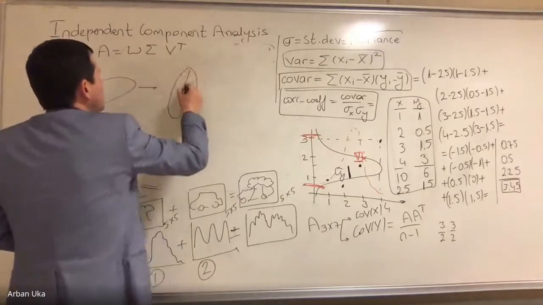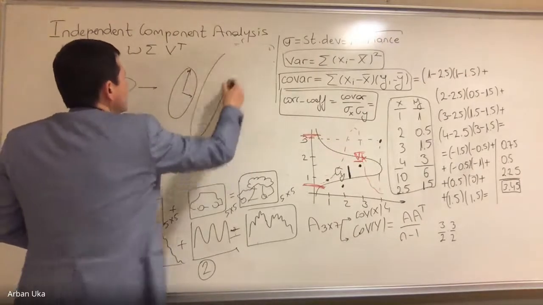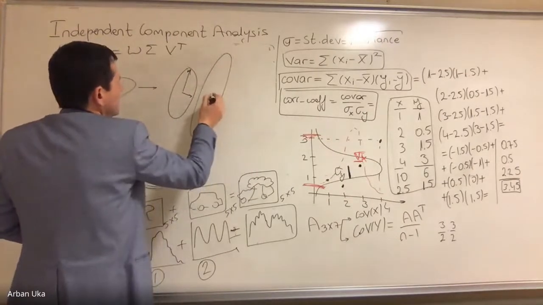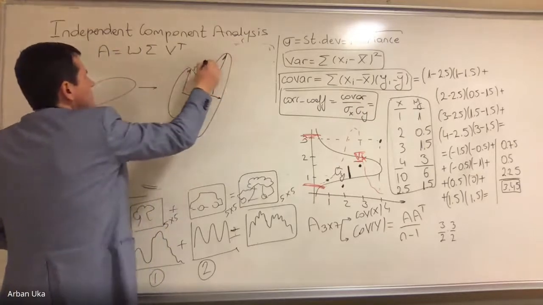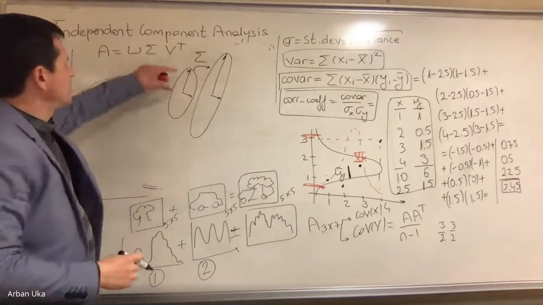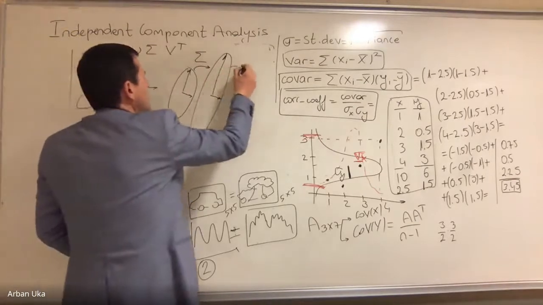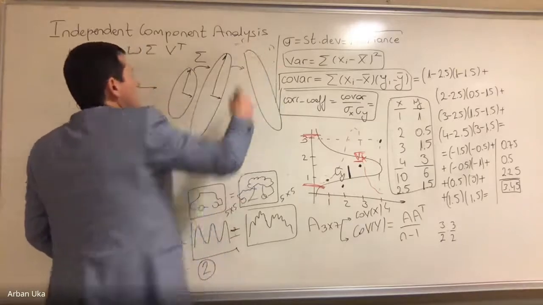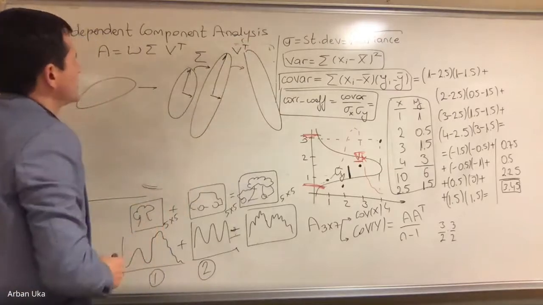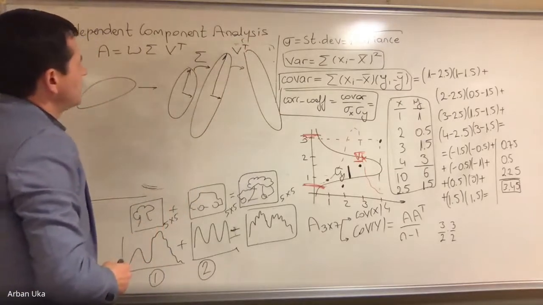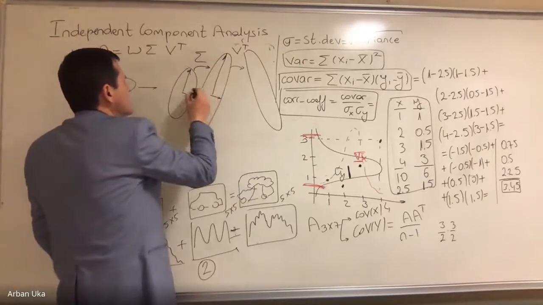Then we multiply by sigma, which means that we can elongate this axis, so this is the sigma factor. So we're changing the relative projection along a major axis, and here we have another rotation, okay? So this is the V transpose. So we have these three operations, and the essence of what we need to do is to try to figure out what the angle of rotation is.